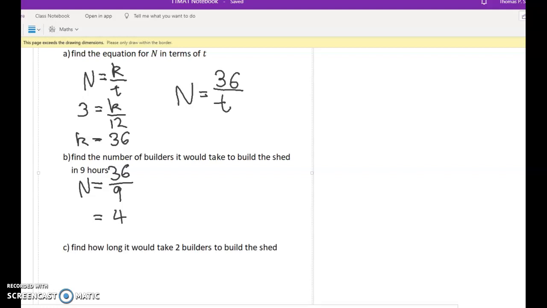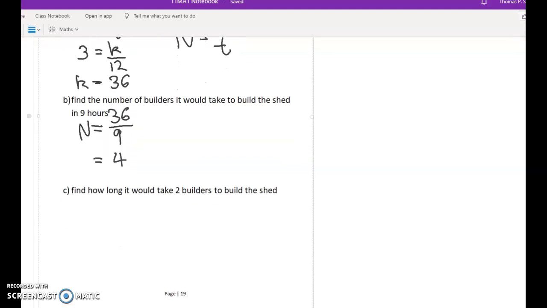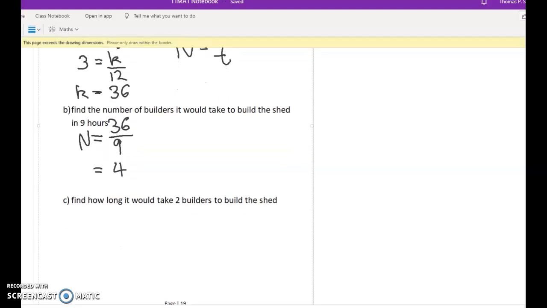Part C, find how long it would take 2 builders to build the shed. So this time we're putting 2 into our equation. So 2 equals 36 over t.